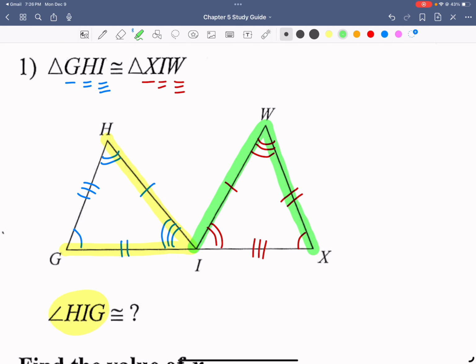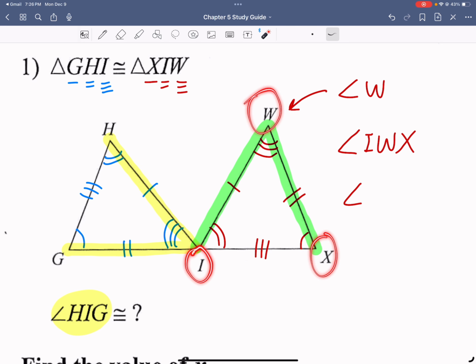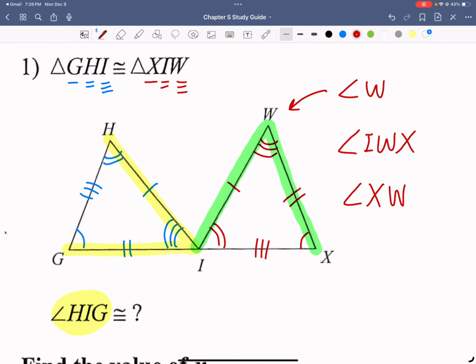Now, there are several ways that you could write this, to be honest. You have 3 tick marks, 3 tick marks. The simplest way, you could write it as angle W. Now, 2 other ways that you could write it: you could read it from left to right, so IWX, or you could even read it from right to left, so that's going to be XWI.